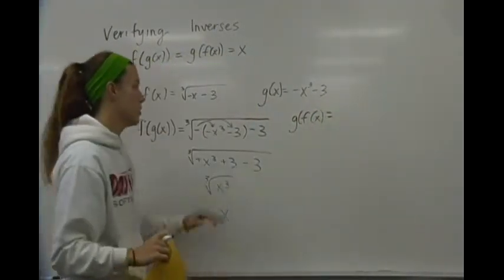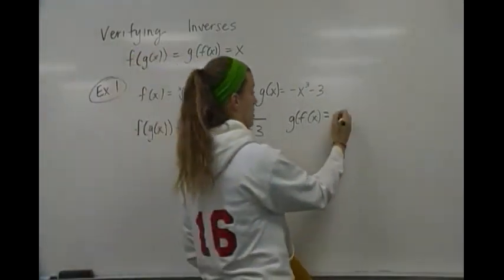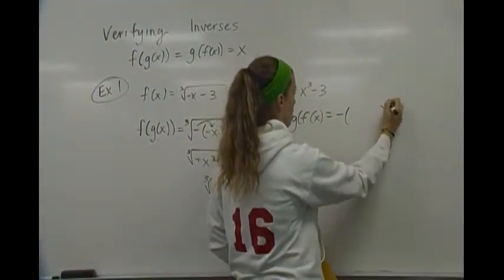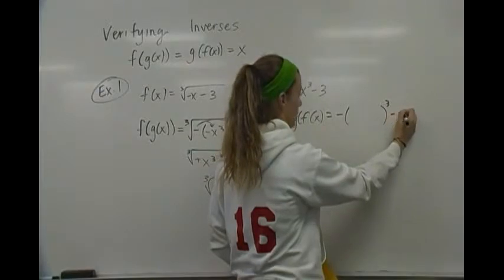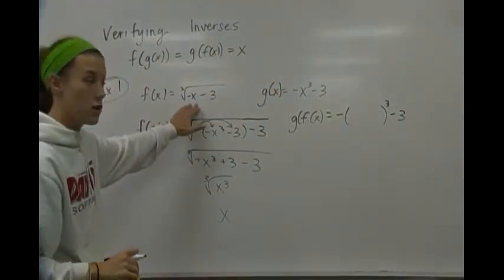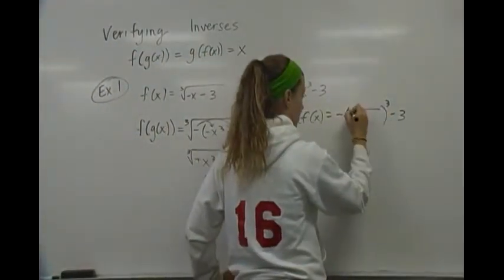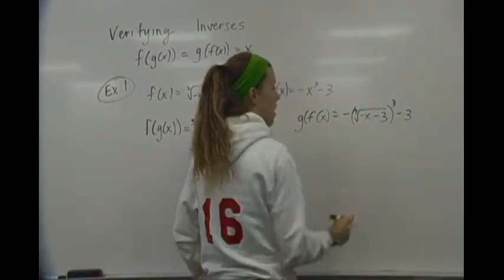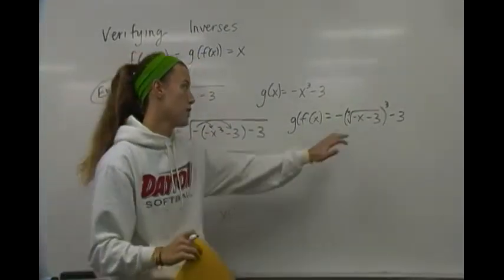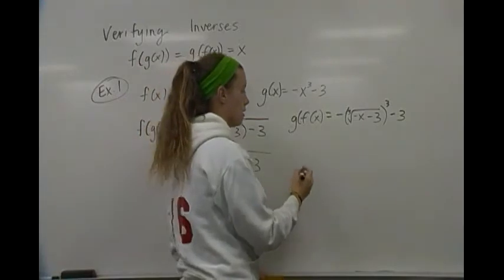So when I do that, the g function will be on the outside. We're going to start with negative quantity cubed minus 3. And in this parentheses will go my f function, which was the cube root of negative x minus 3. The first thing I can do is cancel that cube root and that cubic.